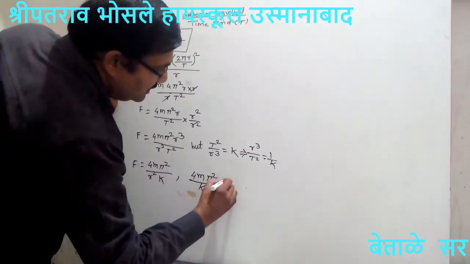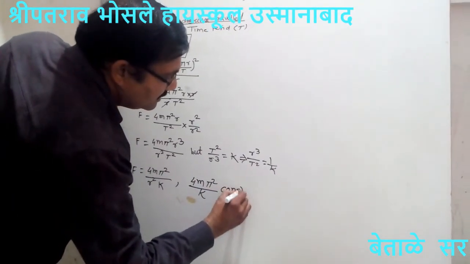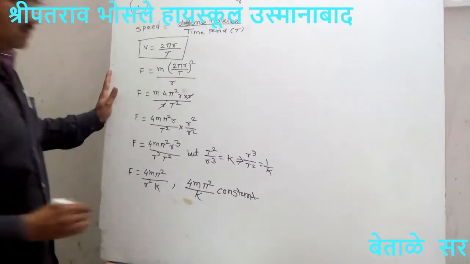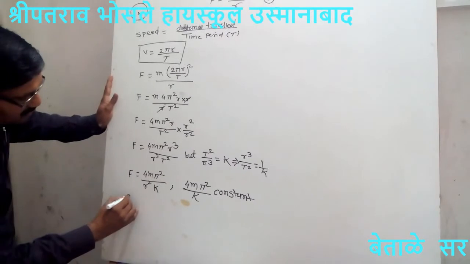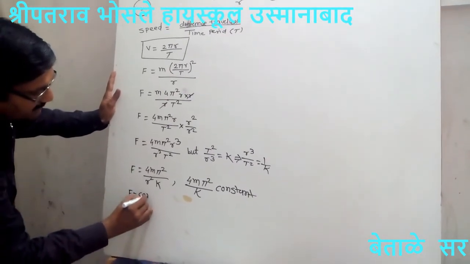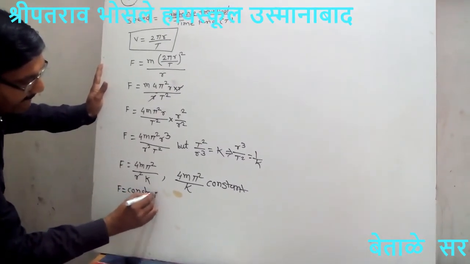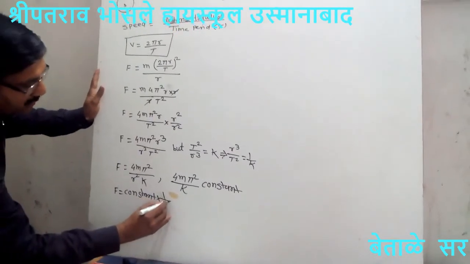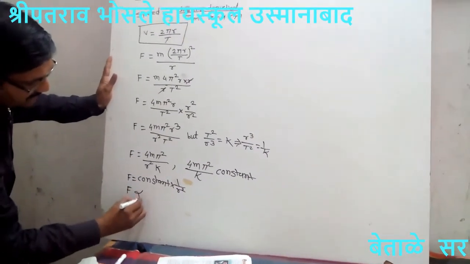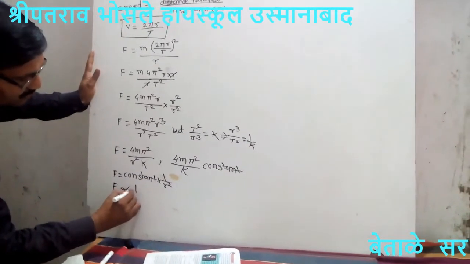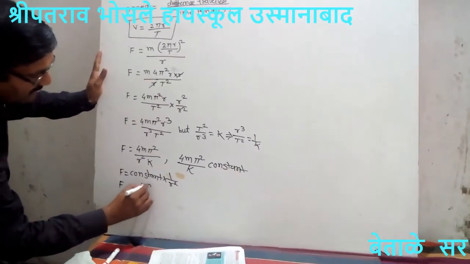These all quantities are constant, and therefore constant, that is F is equal to constant into 1 upon r², and therefore we get F is inversely proportional to 1 upon r².